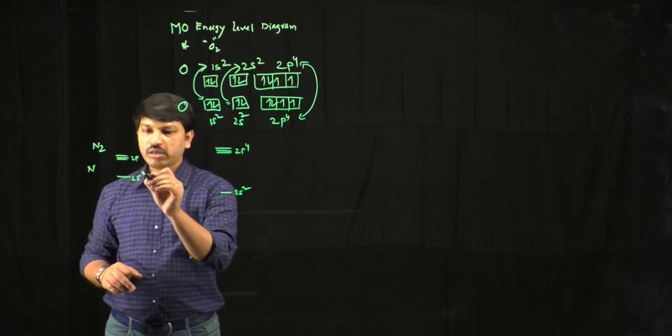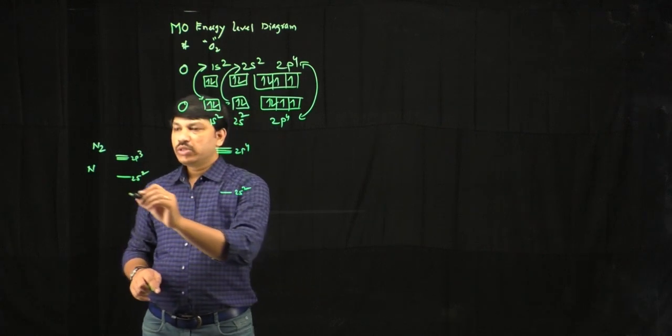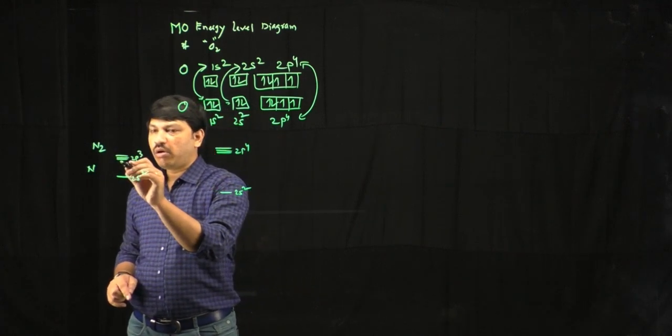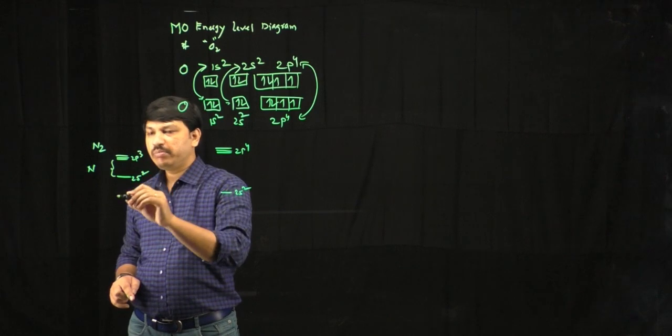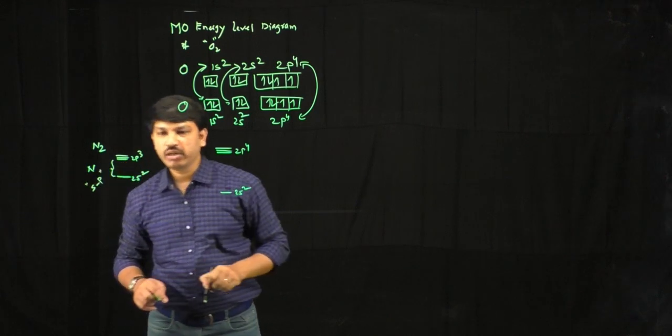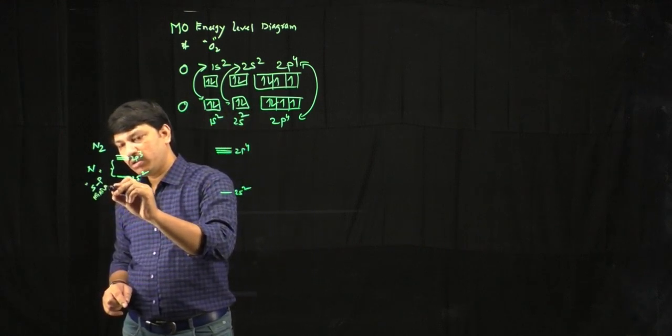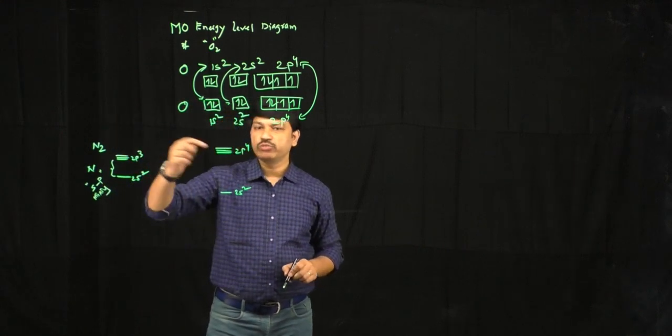So how many electrons are there? Here 2 and here 3. So in the case of the nitrogen molecule, sp mixing is always possible because of the small energy gap between the 2s and 2p orbitals.